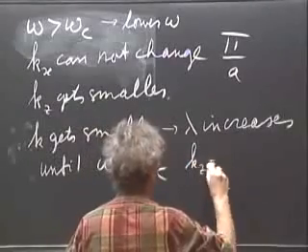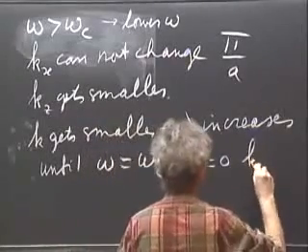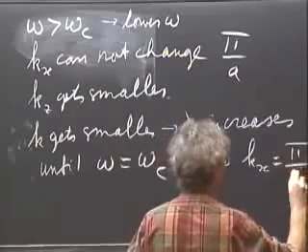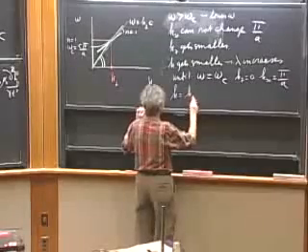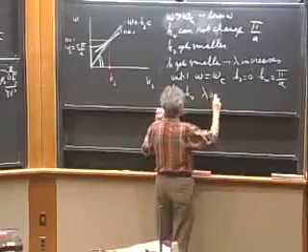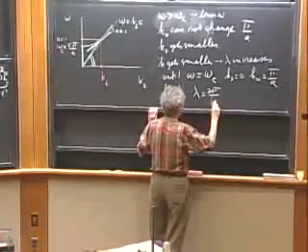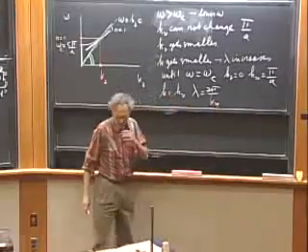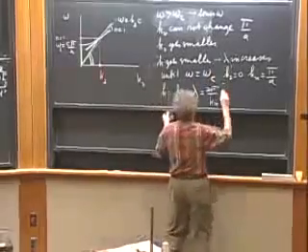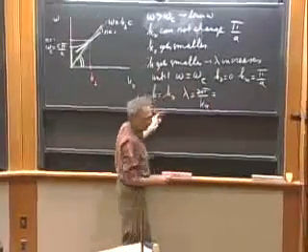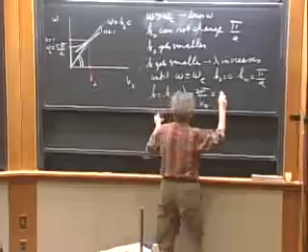So now k itself is kx, and therefore lambda now is 2 pi divided by kx. And that means lambda now equals 2a.